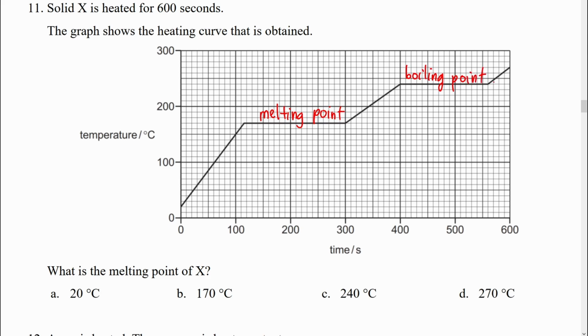Above the boiling point, the state is always a gas. Between melting point and boiling point is liquid, while below melting point is a solid. So the question is asking about the melting point of X, so it is in here. In the middle is going to be 150, so 160, 170. So the answer is B.